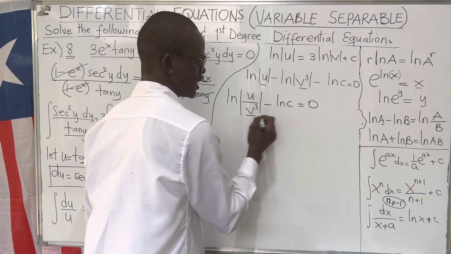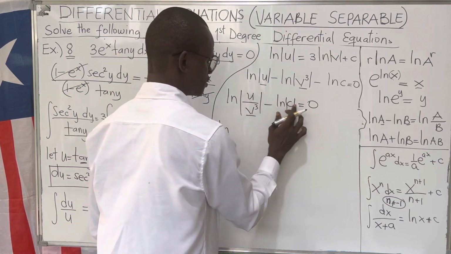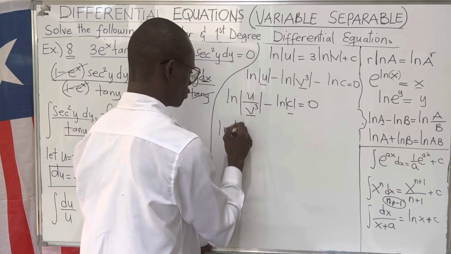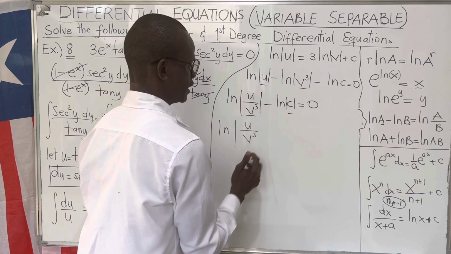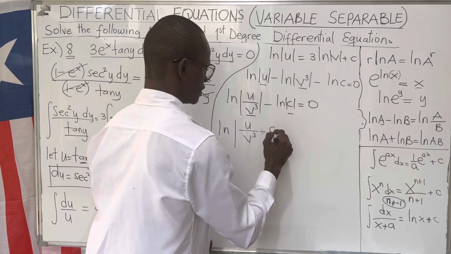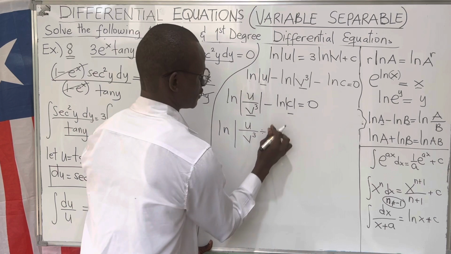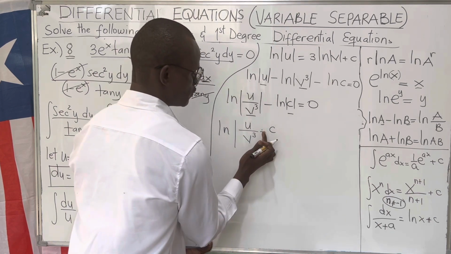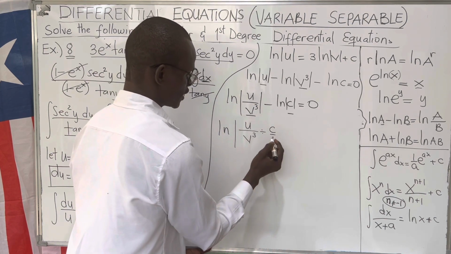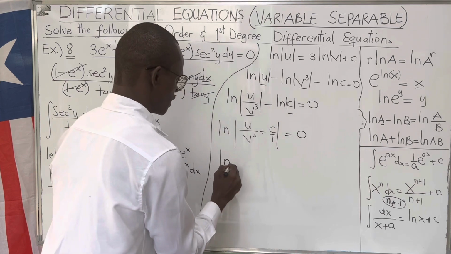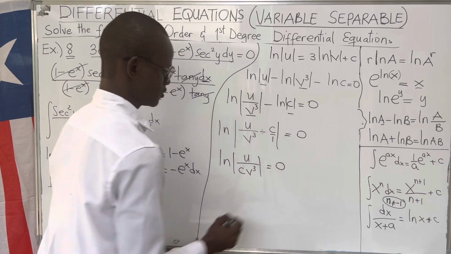So it's just this divided by this. So if you reciprocate now, you get a multiplication. So it's just going to be the ln of u all over c v cubed equals to 0.